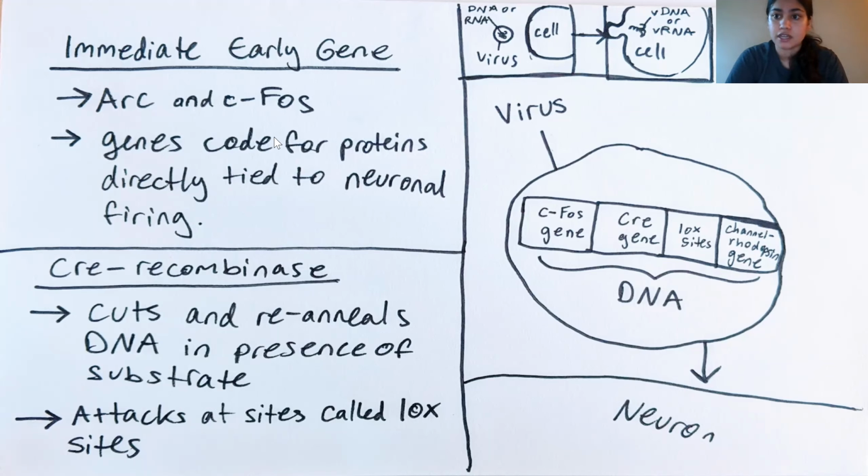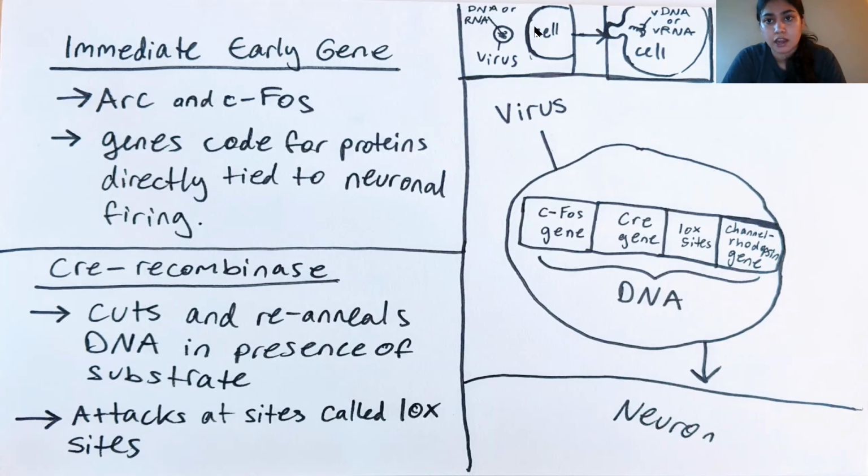They're directly correlated with neural firing, and they'll only be active when the neuron fires. Two of these IEG proteins are ARC and cFos. And now experimenters in the early 2010s did something really, really ingenious with a virus and a specially constructed gene sequence that involves channelrhodopsin and immediate early genes and something called Cre recombinase, which I'll talk about.